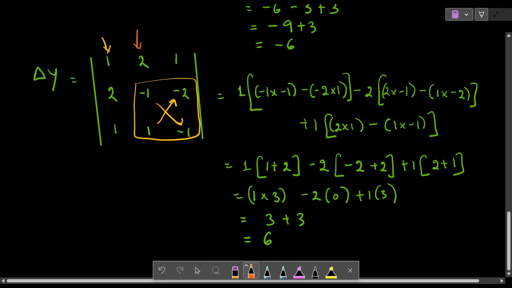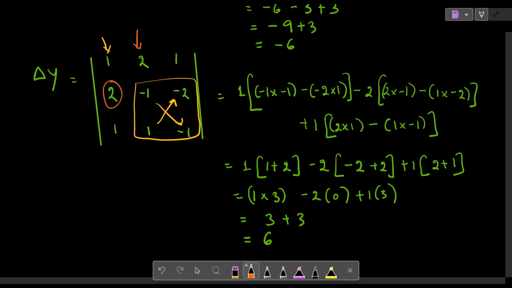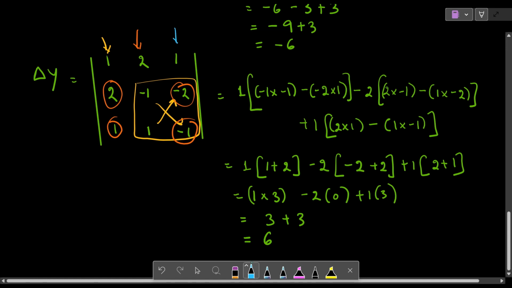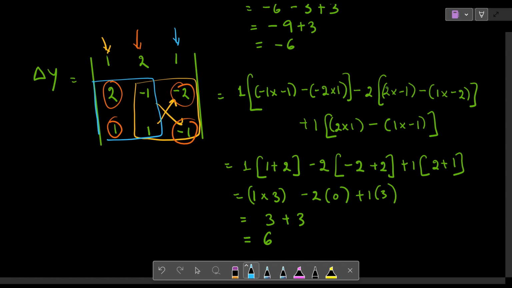Here the sign changes. Okay. Minus 2. And for this, these 4 we have to take. Okay. And do cross multiplication. And next is plus 1 we will take. Then you have to take these 4, these 2 by 2 matrix, and do cross multiplication. Did you understand, students? Very, very easy now.